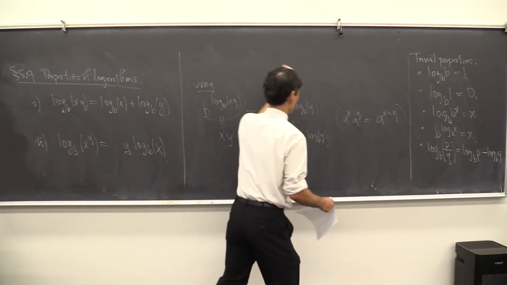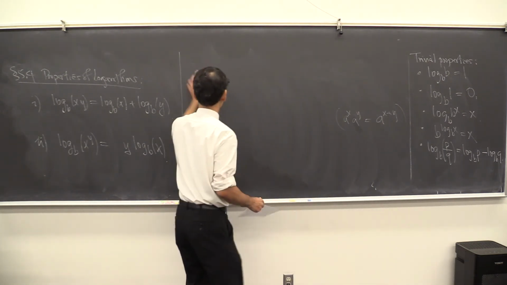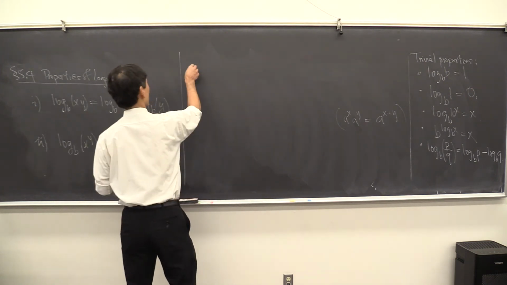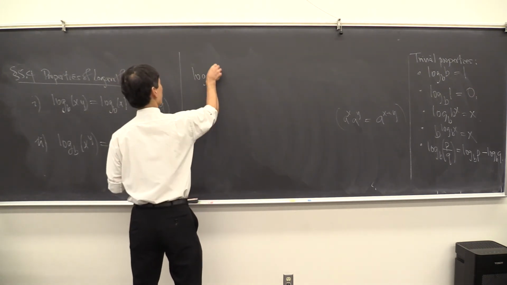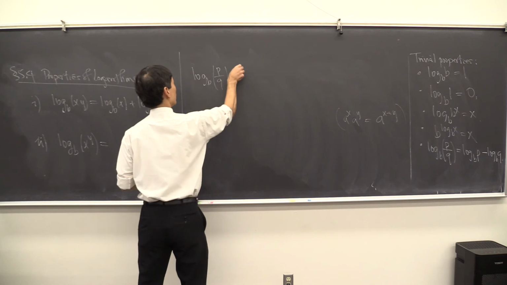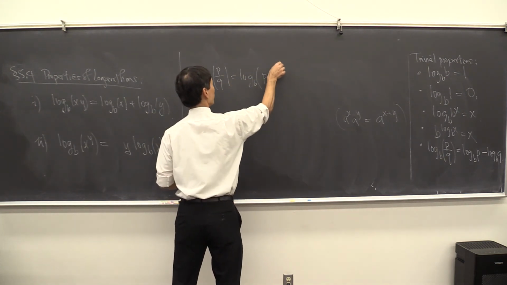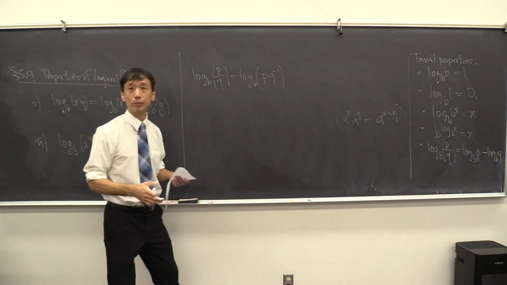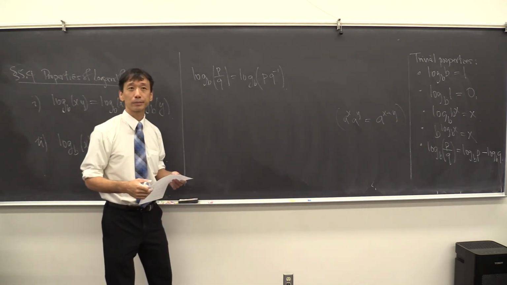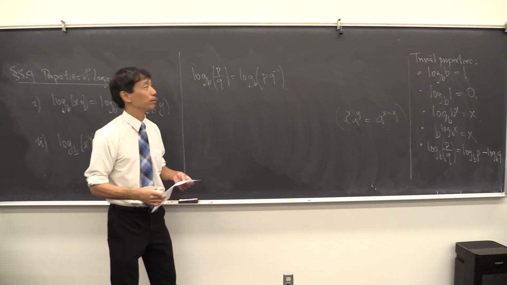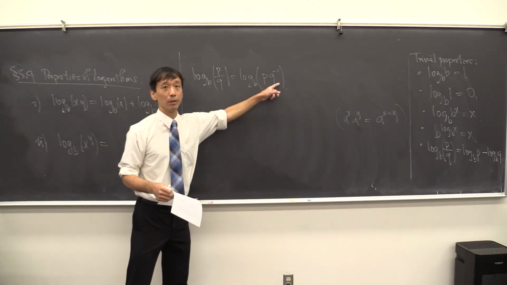If we think about log base b of p over q, that's the same thing as p times q to the minus 1. p over q is p times q to the minus 1.